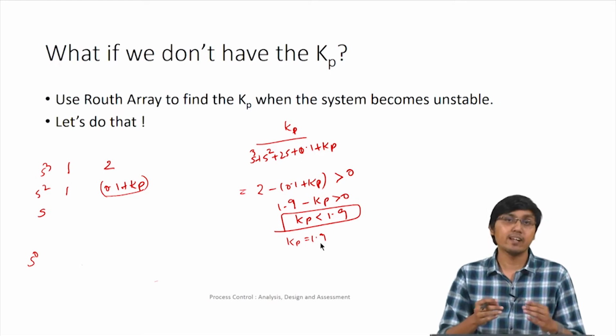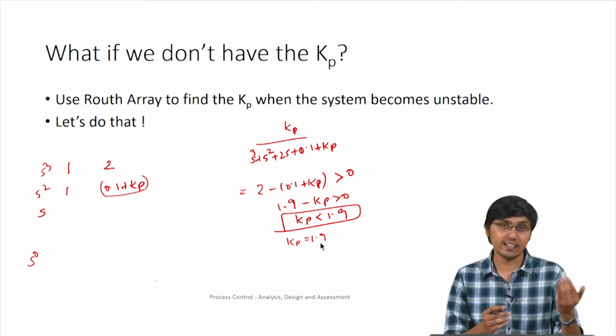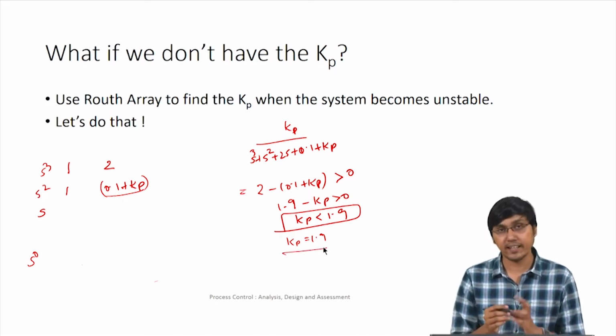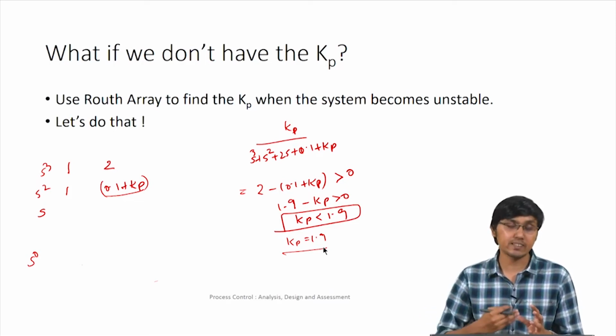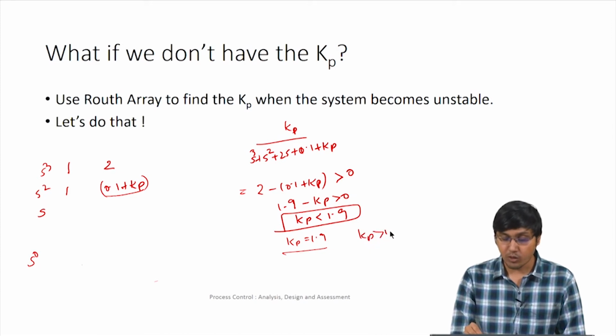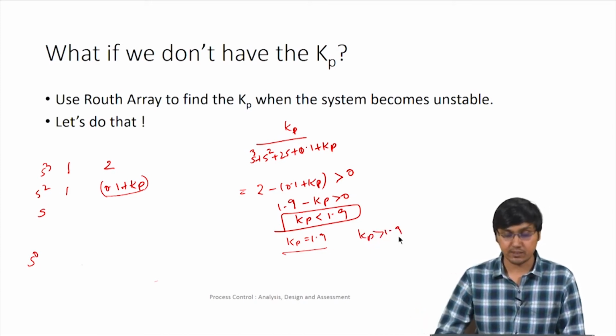That's the point where, as the sir told in his lectures, it's like the tip of the cliff, right. So Kp equal to 1.9 is like the gain at which the system transitions from a stable system to an unstable system. So for any Kp greater than 1.9, it is going to go to an unstable system.